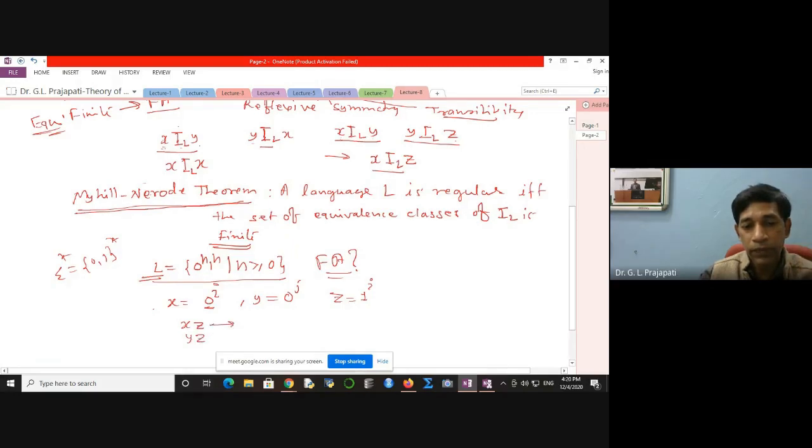XZ becomes 0^i 1^i, meaning the same number of 0s and 1s. In the case of YZ, it is 0^j 1^i, meaning j zeros and i ones. And it is clear that this is not in the language, whereas the other is in the language.